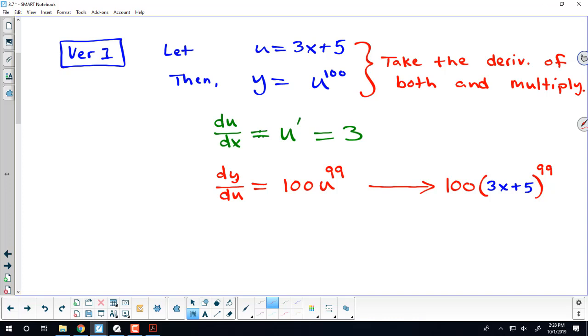To take the derivative of the composition, we just have to multiply these two derivatives together. The derivative of y with respect to x is equal to 3 times 100 times (3x plus 5) to the 99.